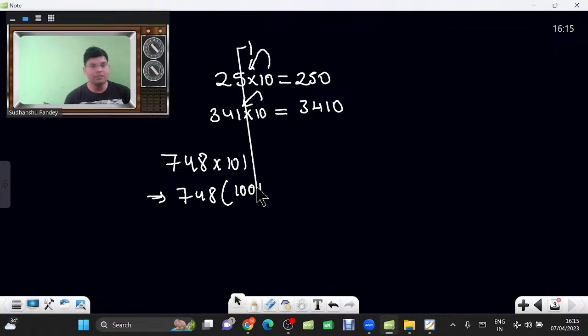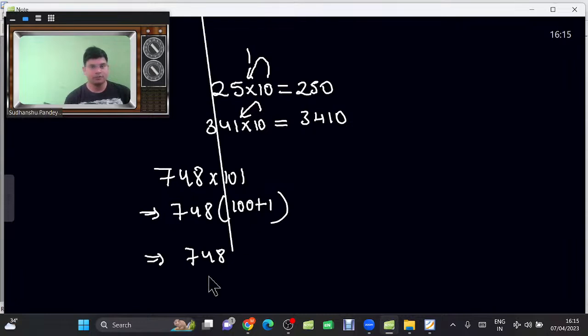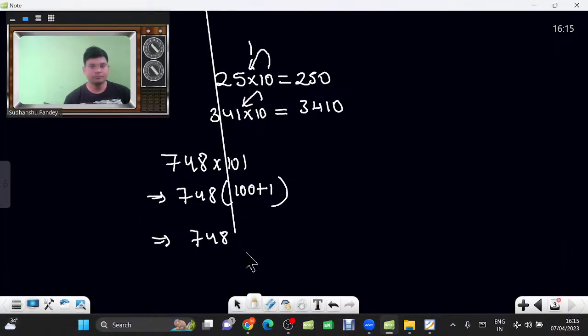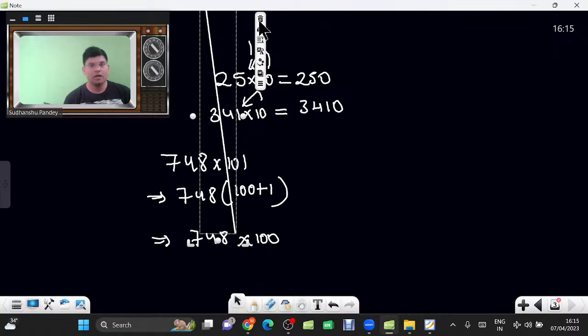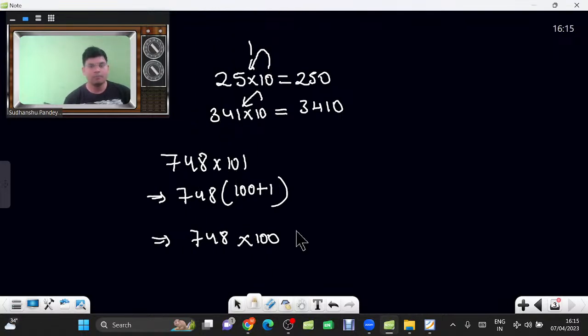Now you might be thinking, sir, why are you choosing 100 plus 1? Because it is easy to multiply a number by 100. So this can be 748 into 100 and 748 into 1.